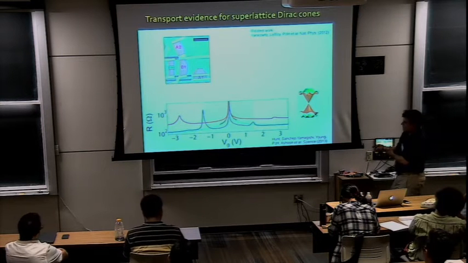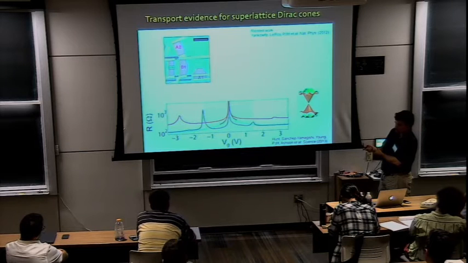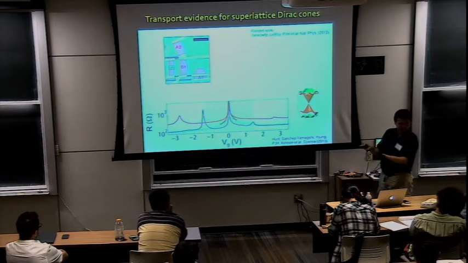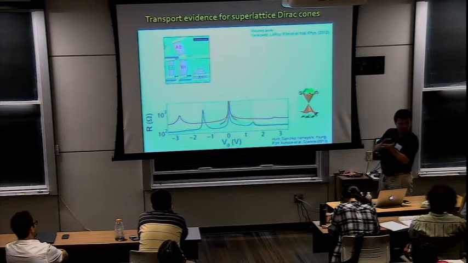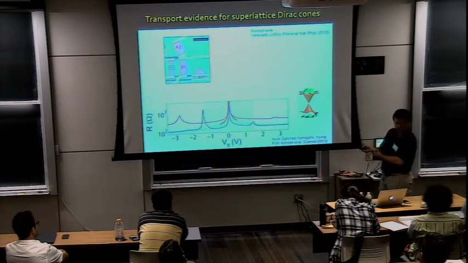As you see, this resistance axis is in log scale, and I have actually just cut this. A usual graphene device, a regular, super high quality, normal graphene device with a large twist angle between the graphene and the hexagonal boron nitride, has a resistance at the Dirac point of a few kiloohms.